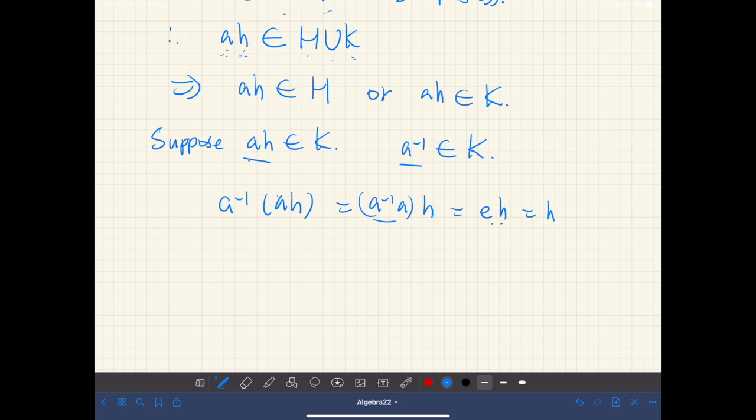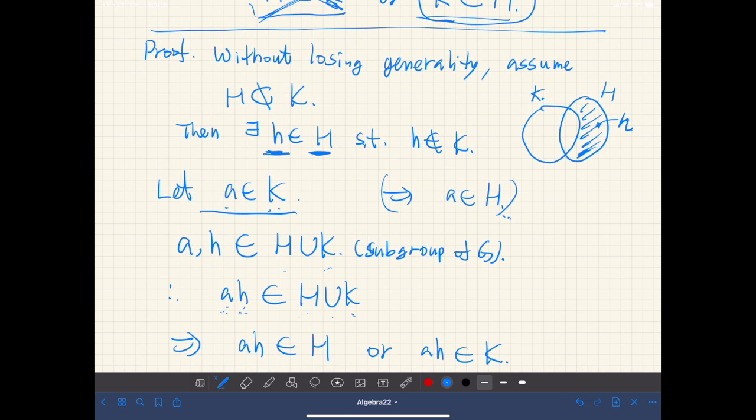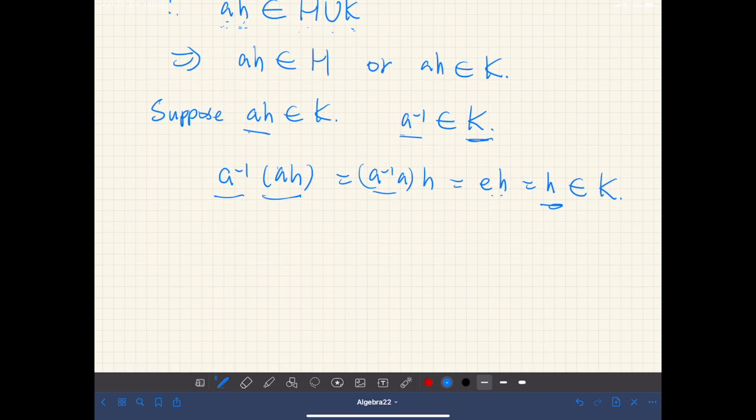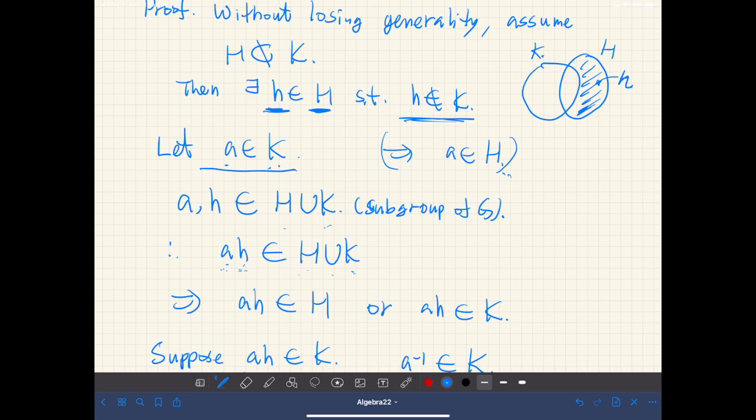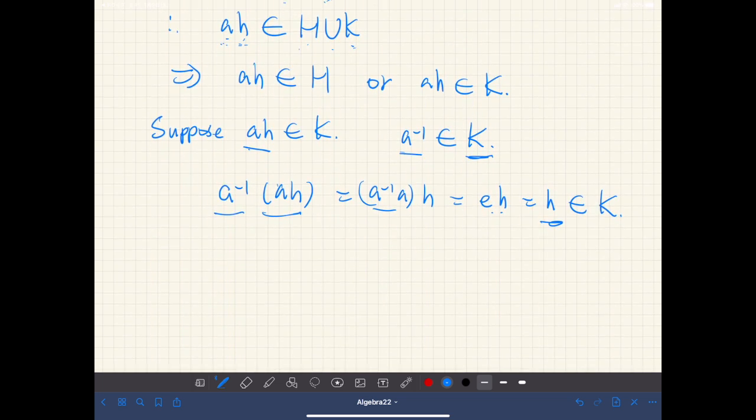But K is a subgroup, so this product belongs to K. But this contradicts our assumption that this element h does not belong to K, right? Which is a contradiction.